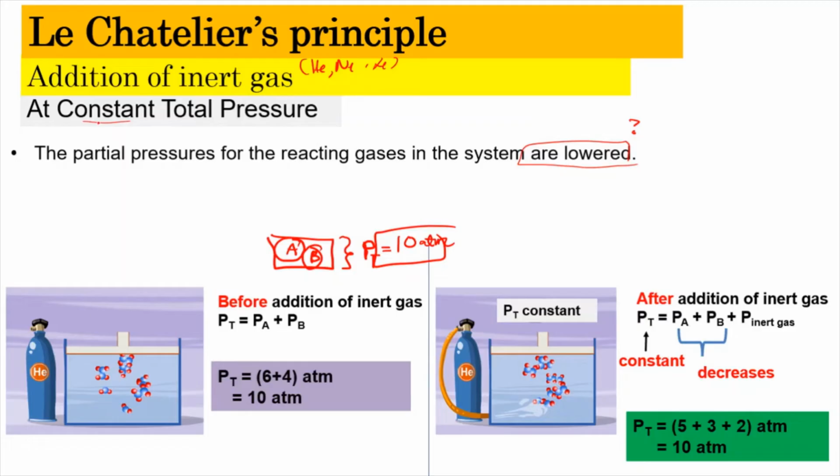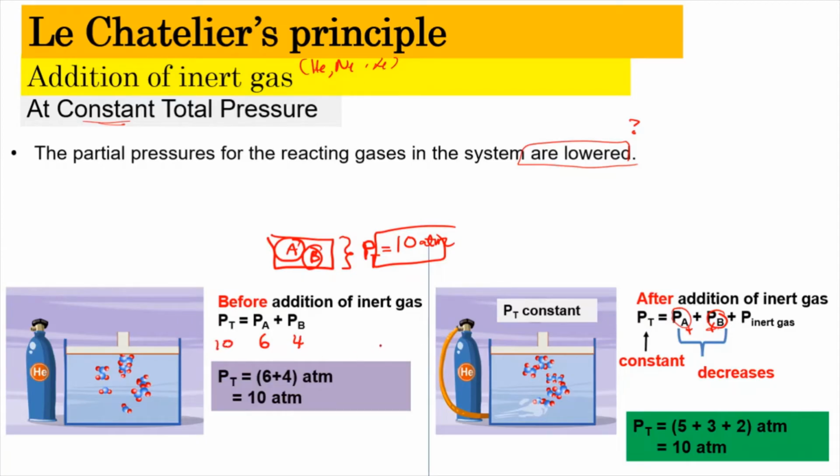So when the pressure is maintained at 10 atm, the partial pressures of the reacting gases, A and B, need to be reduced in order to accommodate the 10 atm. Let's say at the initial stage you have 6 atm for PA, and for PB, the partial pressure of B, you have 4. Therefore, your total pressure is 10.